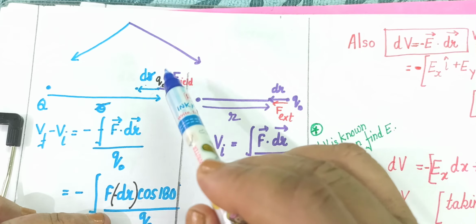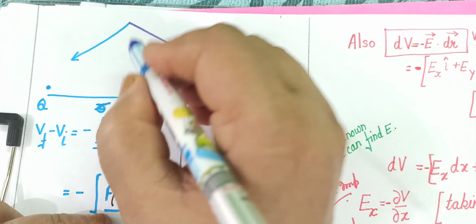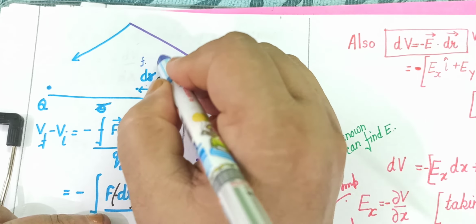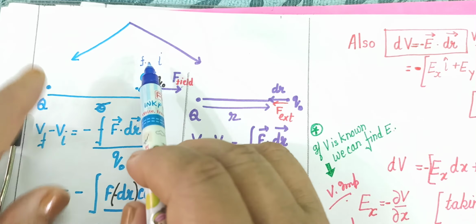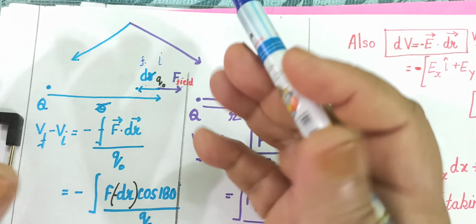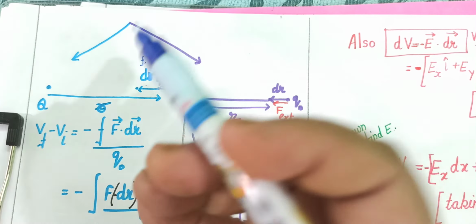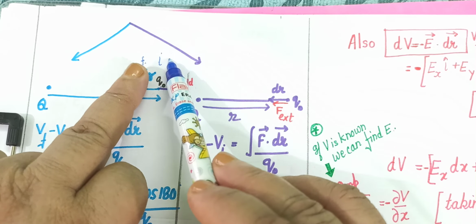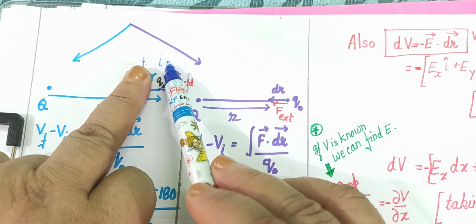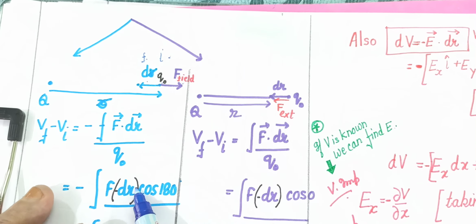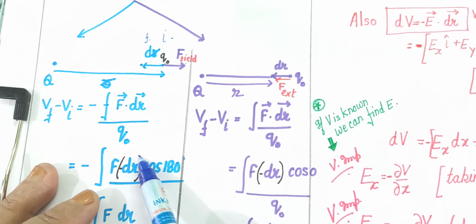Also, dr is difference in the two positions. The final position is this one and initial position is this one. If you take the difference, then final position minus initial position will be a negative quantity. So either you take the direction of the two vector quantities, or you simply take the difference. The displacement is such that dr is a negative quantity.